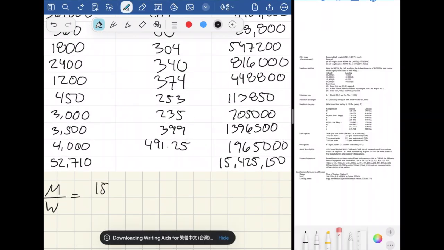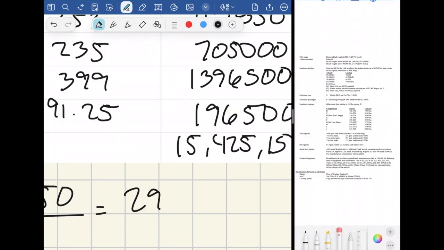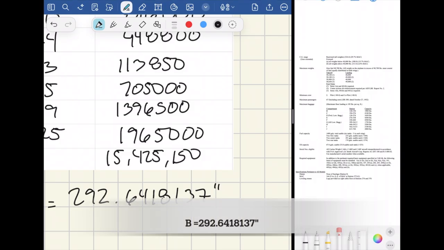So, 15,425,150 over 52,710. 292.6418137 inches. Store sa letter B.